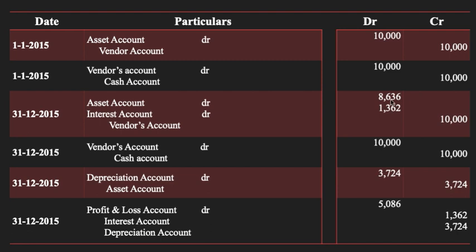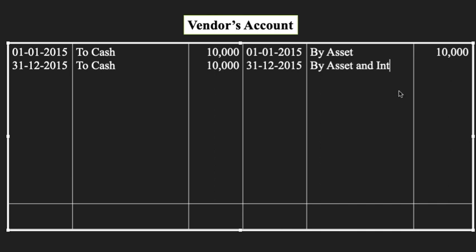So we have to take here by asset and interest, 10,000. The total amount is 10,000 rupees. Fine. And the account is tallied here. Here we have 20,000 and here again we have 20,000.